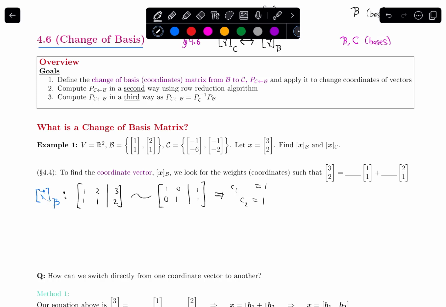What that means is my coordinate vector, x in terms of this basis B, is a vector whose entries are these weights of the linear combination. Because the first weight was 1, the first entry of this vector is 1, and because the second weight was 1, the second entry is 1. So I'm going to fill in those values here. Those weights both happen to be 1.